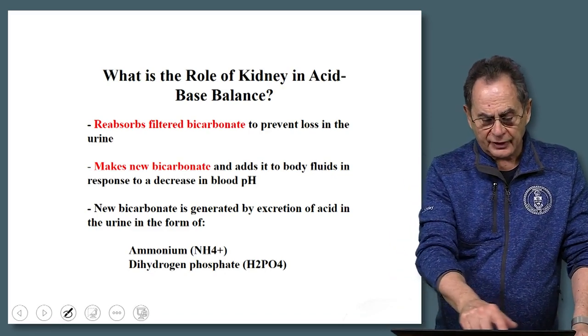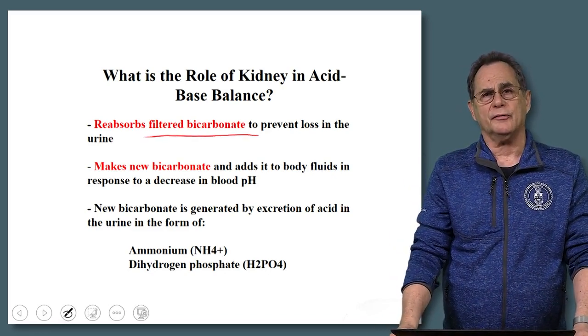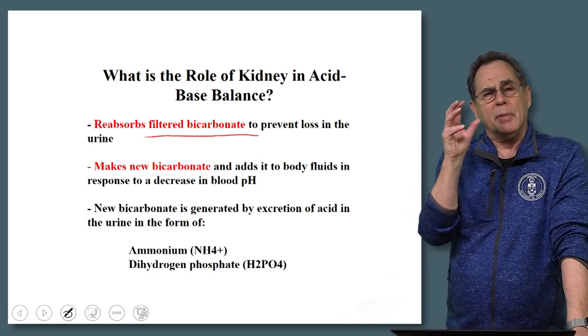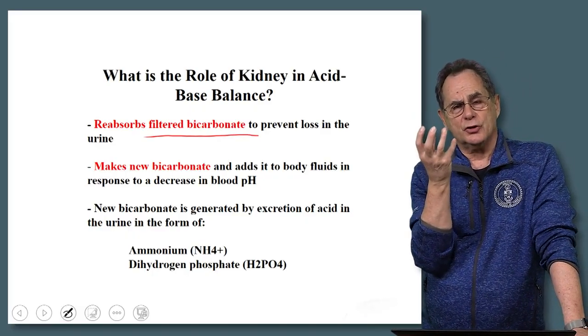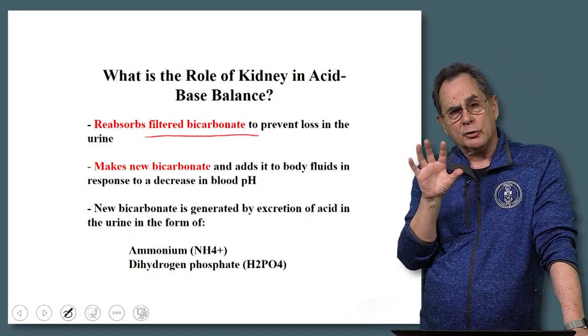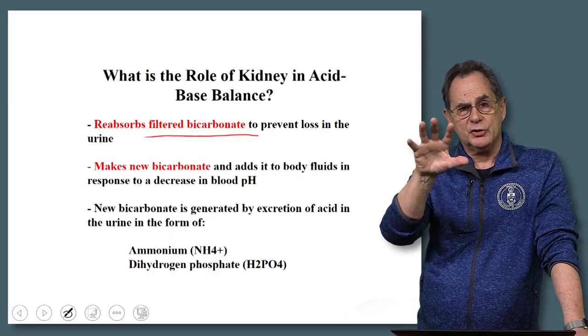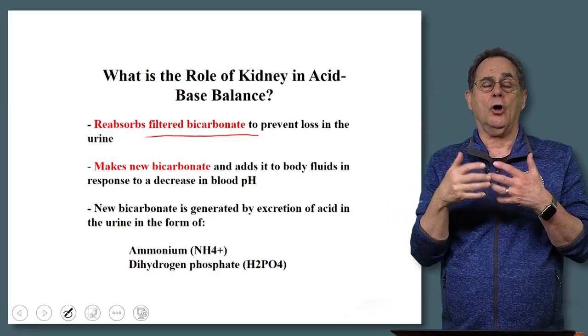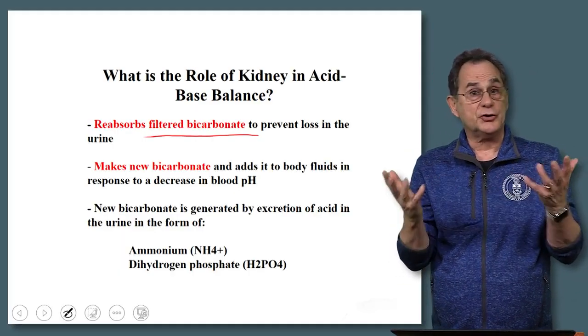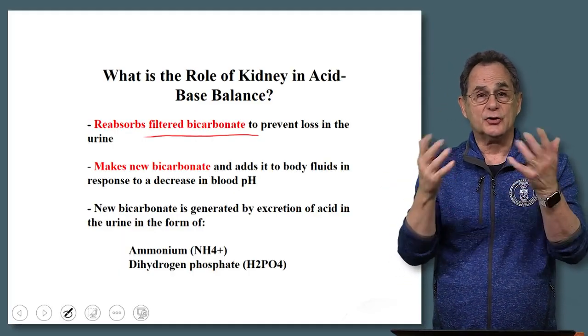So the first thing the kidney has to do is reabsorb the filtered bicarbonate. Remember, bicarbonate is a small solute, and when water moves in response to Starling forces from the capillary lumen into Bowman space, it drags along the bicarbonate, just as it does the potassium and the sodium.